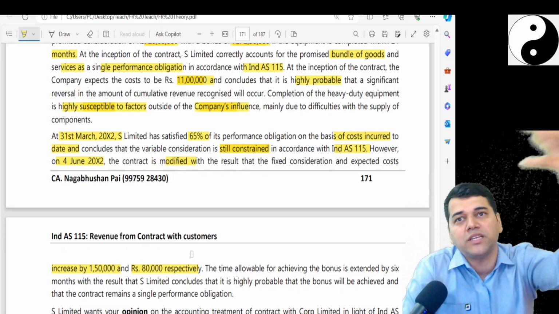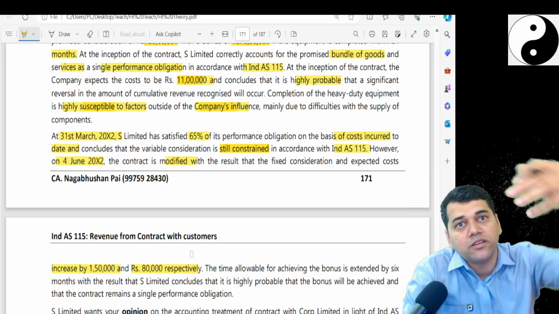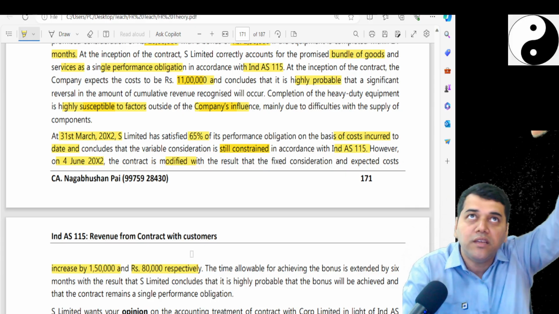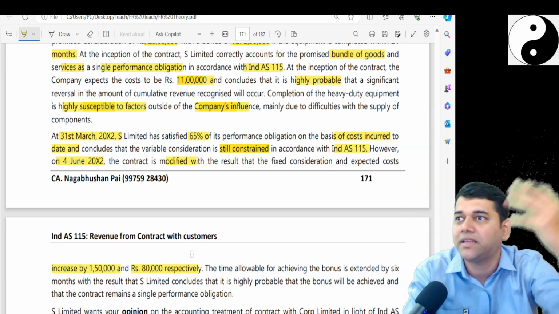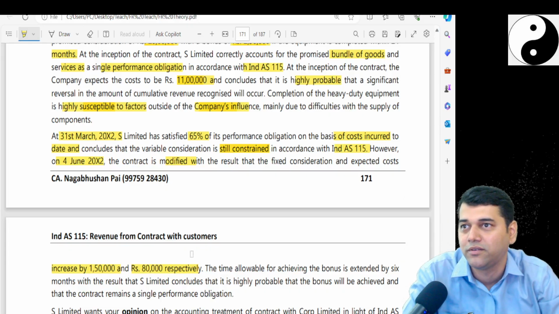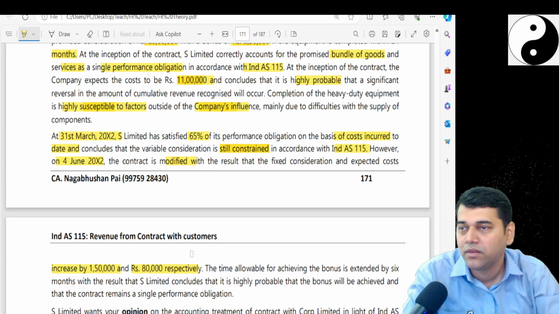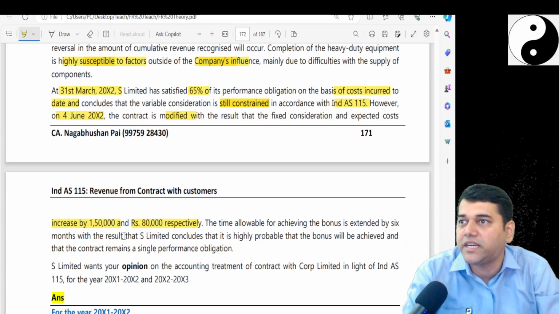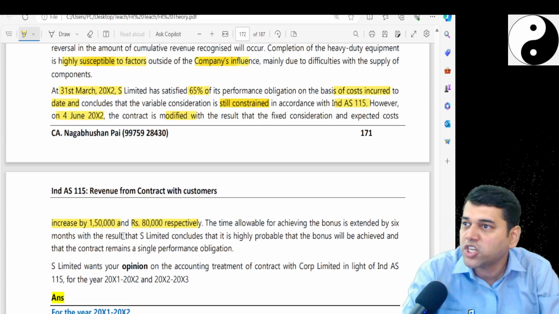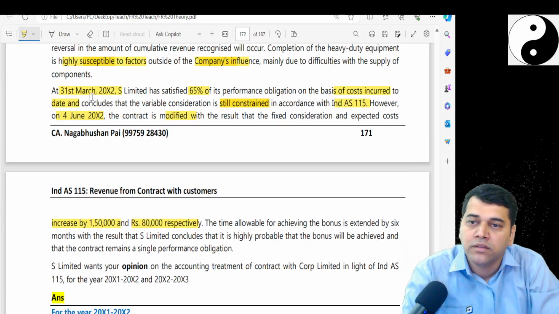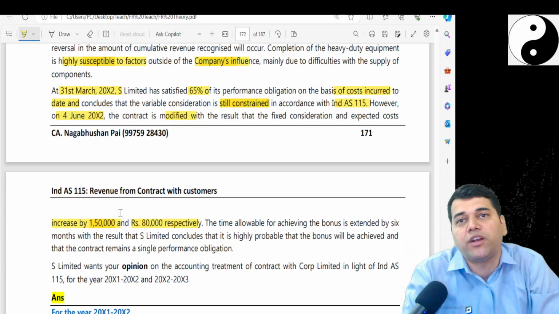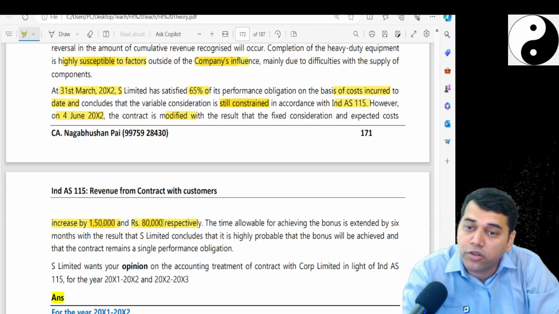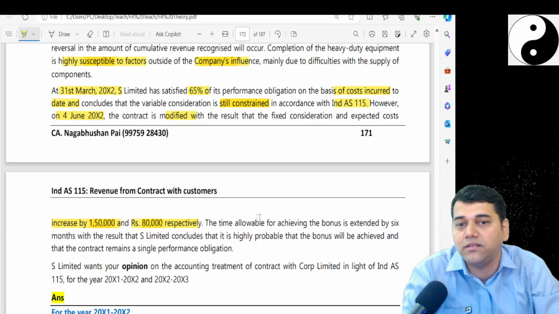Then he gave certain modifications. He says the chimney should be like this, bent, something like that. Generally people will say this at the end. Now you will say, how can you change at this point of time? It's going to cost me now, the design is going to change. That's why you agreed to give an additional 1.5 lakh fixed, and the bonus also you gave 80,000 fixed, increased.